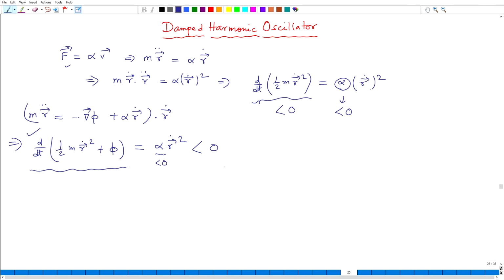Whenever we are talking of a simple harmonic oscillator, simply if you remember, we are talking about a 1D simple harmonic oscillator, and this is the equation of motion for that.